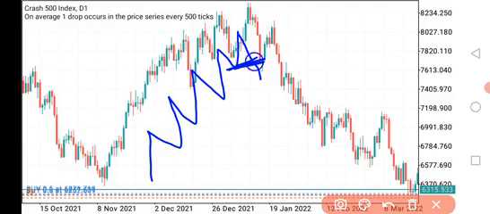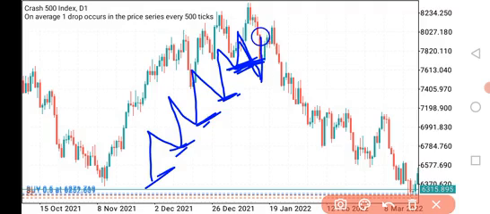Immediately this happens in the market, you know that price has changed structure. The buy structure has been violated, because for it to remain a buy structure, it should not break below the previous higher lows. As soon as it breaks below, the structure has changed from a buy to a sell.